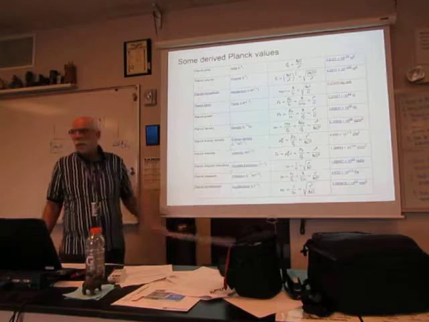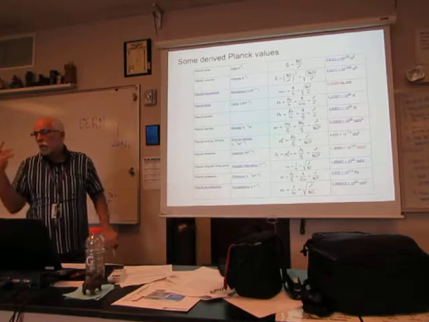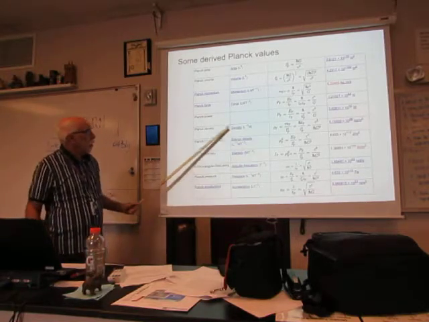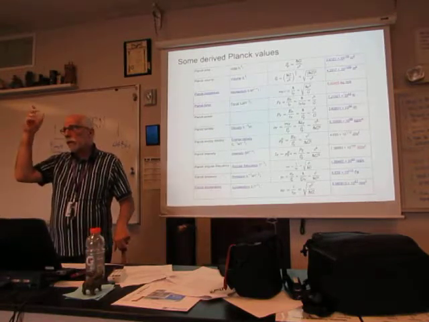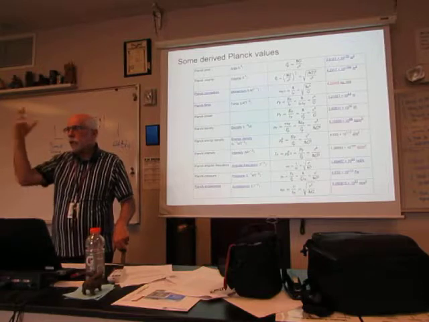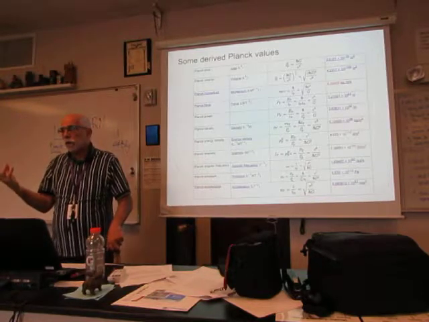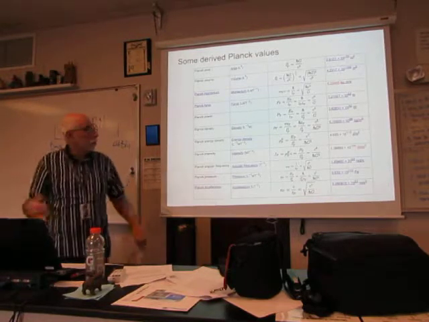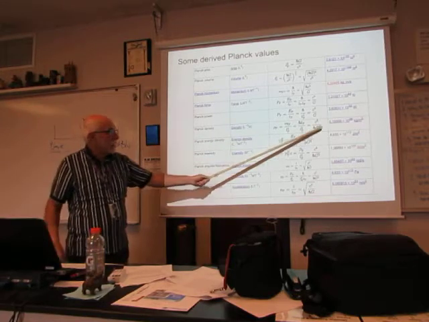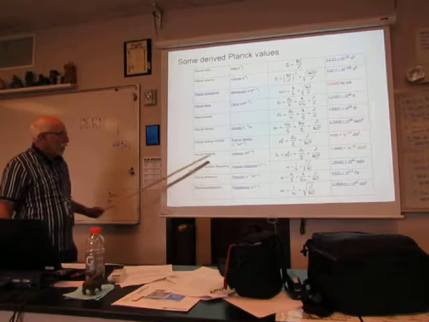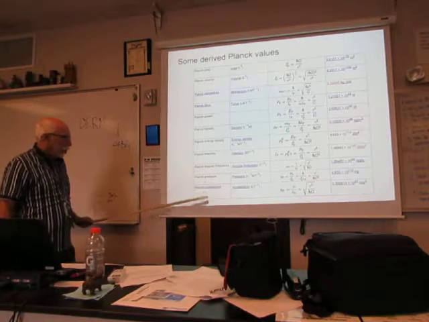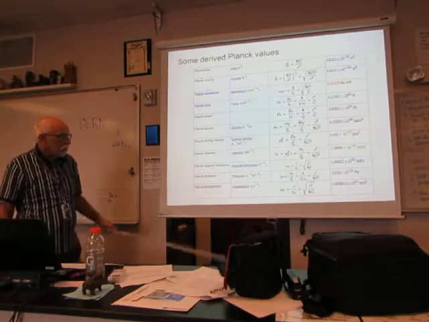Power, some of you who've had physics understand the concept of power. Density has units of, the way we do it, kilograms per cubic meter. How much mass is in a volume? Here is Planck density, energy density, intensity, pressure, acceleration, and so forth.